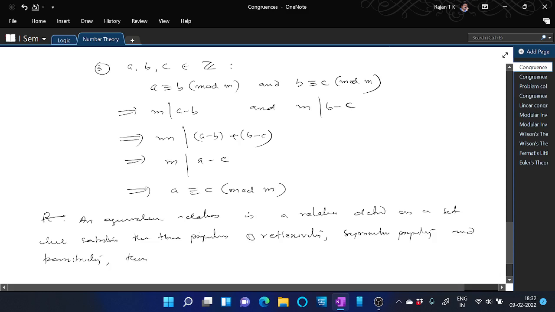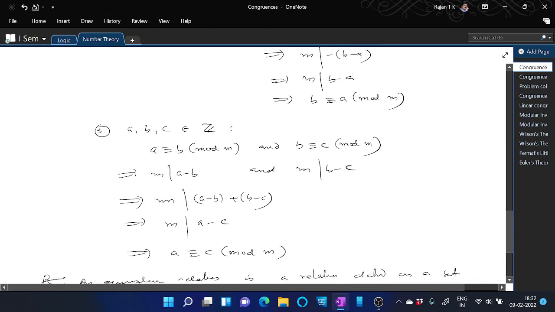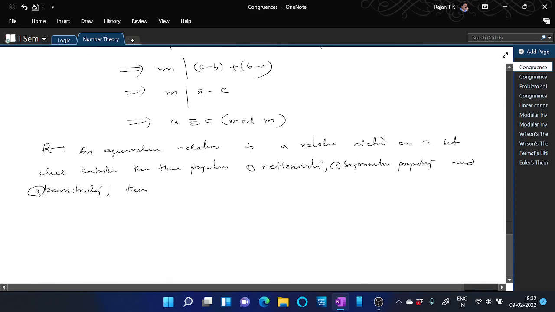Here, the congruence relation satisfies all these properties, and the congruence relation is an equivalence relation defined on the set of integers.